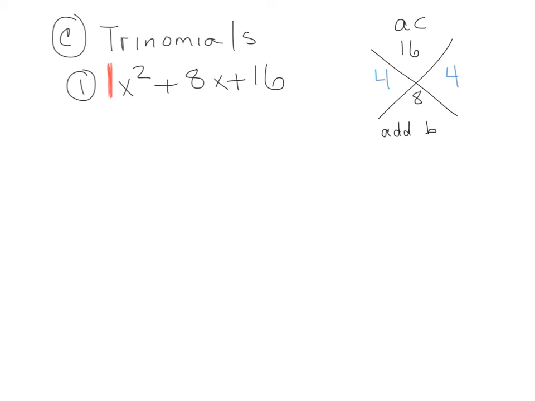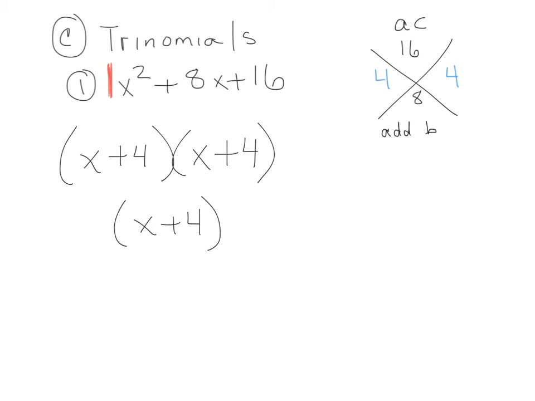Okay, so since this has a leading coefficient of 1, I can go directly to my factored answer. It's going to be x plus 4 and then another x plus 4. Oh, they're both the same, so a better way to write that would be x plus 4 entire quantity squared. All right? Let's try one more.